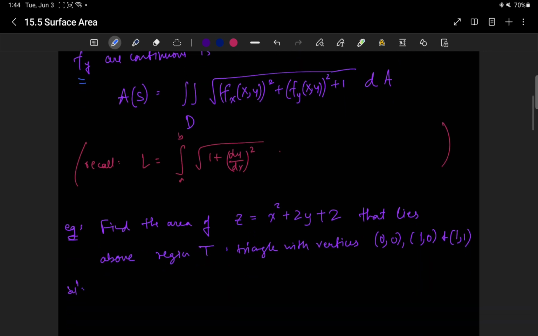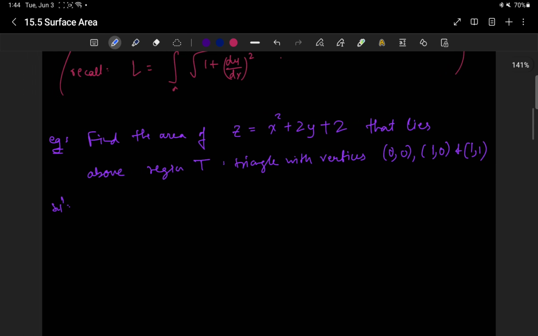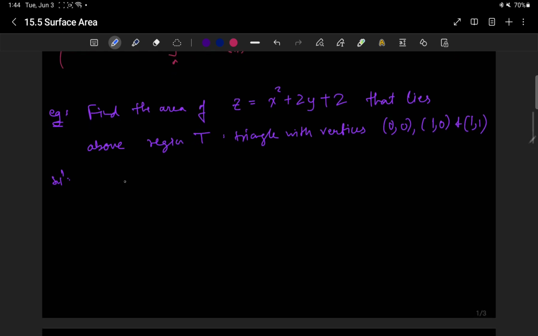We will look at one example, the area of the surface z equals x squared plus 2y plus 2 that lies above the region T, where T is a triangle with the vertices 0, 0, 1, 0, and 1, 1. So the nice thing about this particular way of finding the area is we don't actually have to know what the surface looks like.